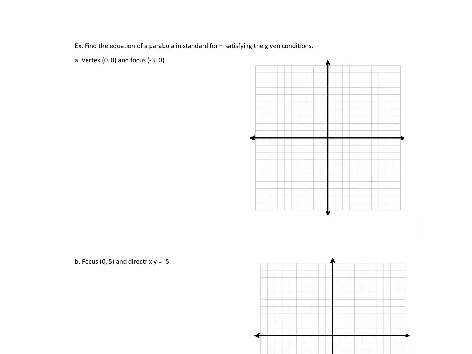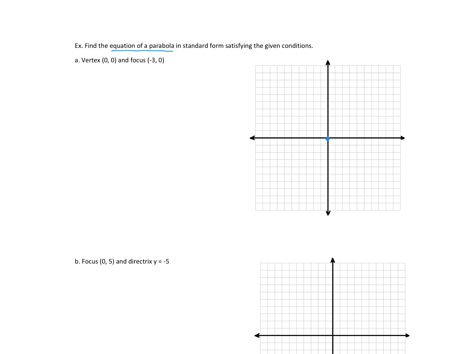Okay, these last two examples are actually given particular information about our parabola. We would like to be able to find the equation of the parabola. So first of all, we know that our vertex in this case is 0, 0.